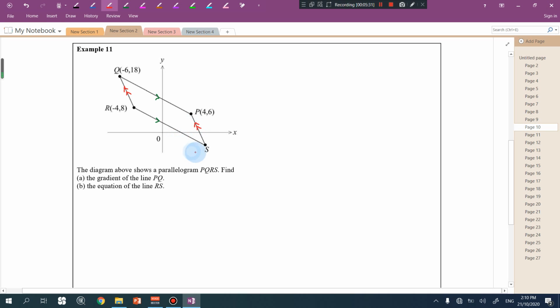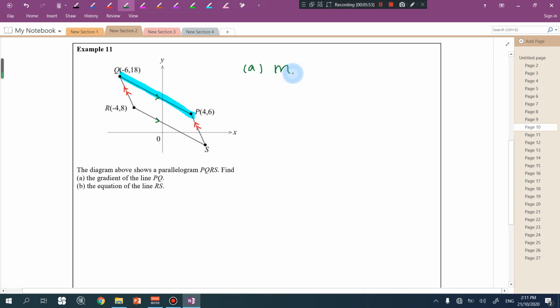Now let's see what the question asks us. We want to find the gradient of PQ, which means we are looking for the gradient of this straight line. Now we have the coordinates, I think there should be no problem. The gradient is (y2 - y1) over (x2 - x1).